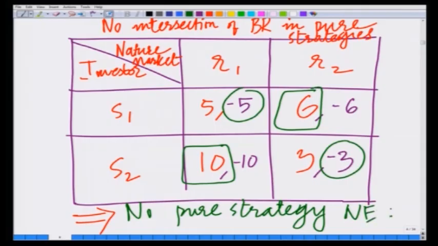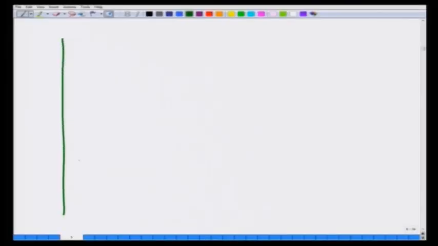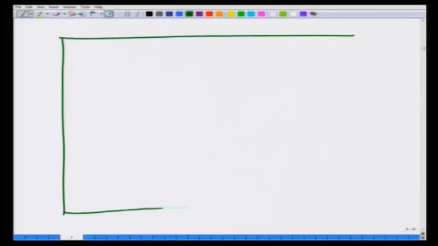That is, in the stock market investment game, there is no pure strategy Nash equilibrium, where this is a game being modeled as a game between an investor and the stock market. So, naturally, we have to look at a mixed strategy Nash equilibrium. So, let us look at a mixed strategy Nash equilibrium.